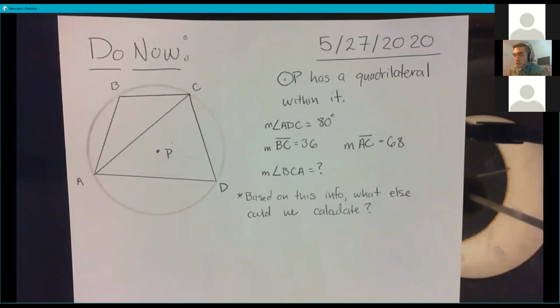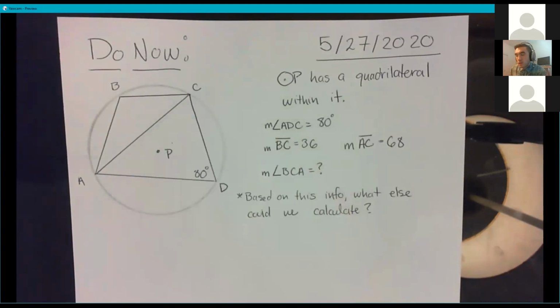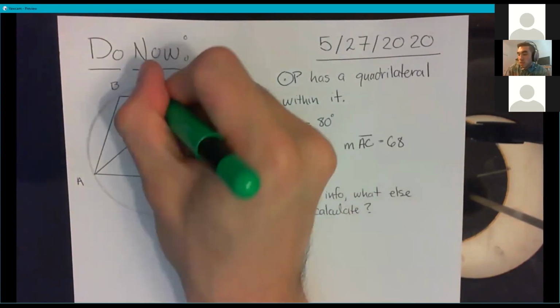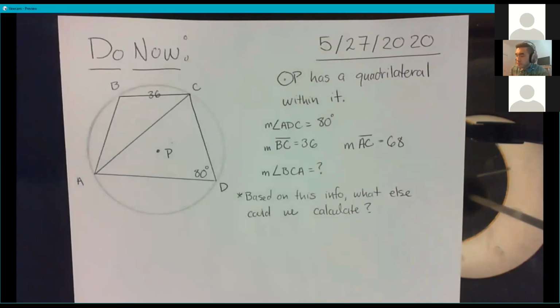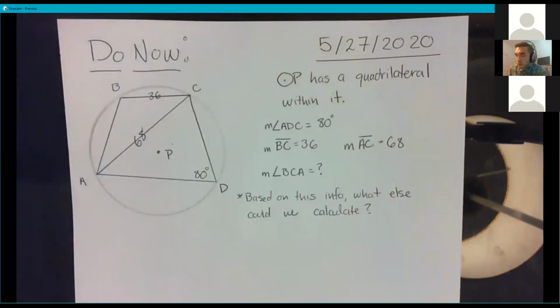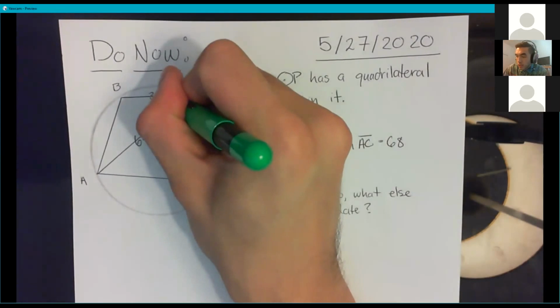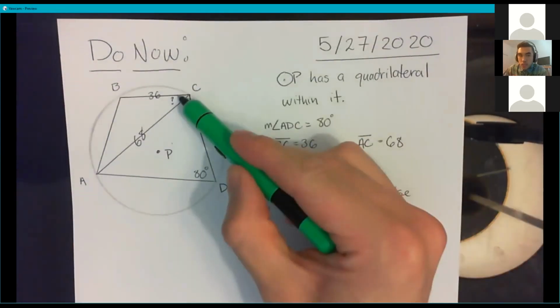So inside of this circle, I have my quadrilateral, and I know that the measurement of angle ADC right here is 80 degrees. I know that the measurement of BC, right here, is 36. AC, right here, is 68. And what I want is the measurement of angle BCA, which is right here, not the whole angle, but just this piece of it right there.